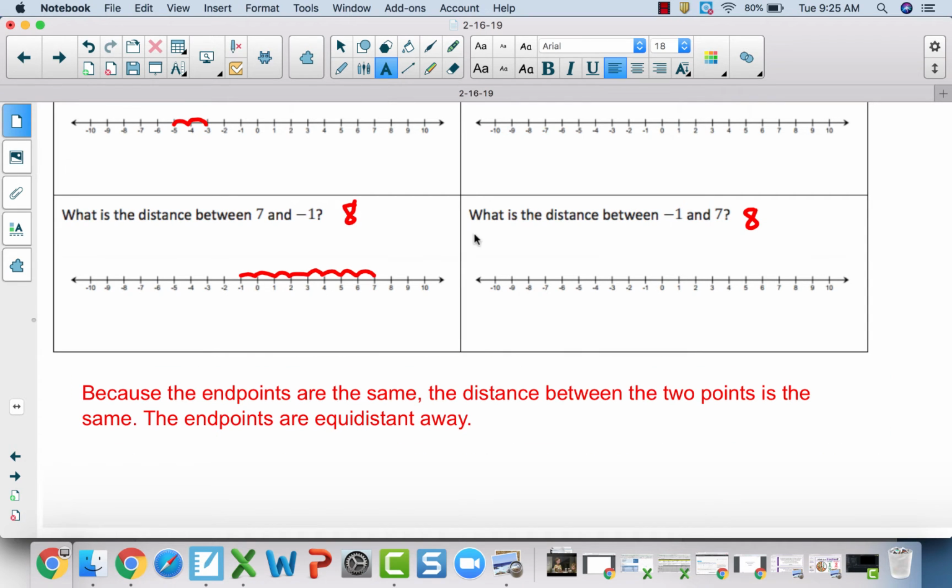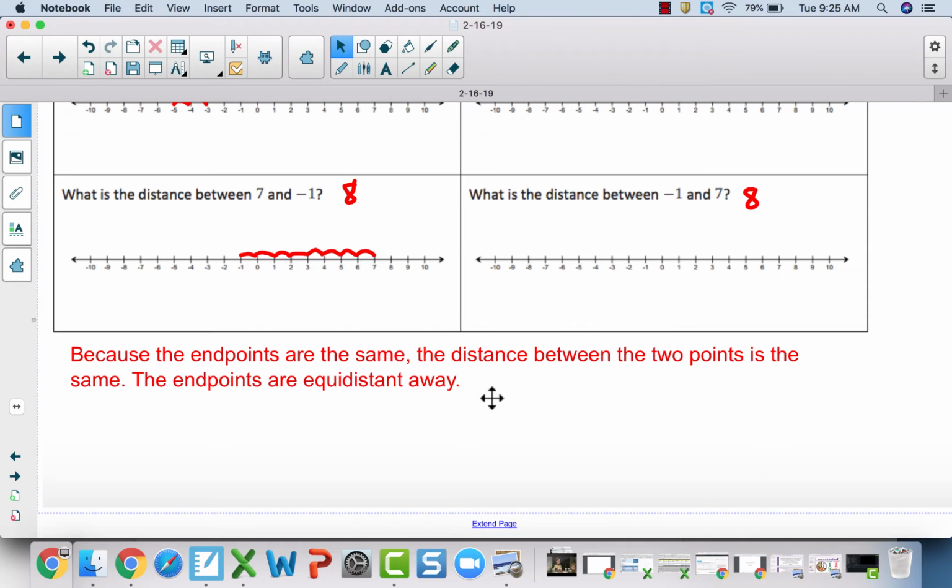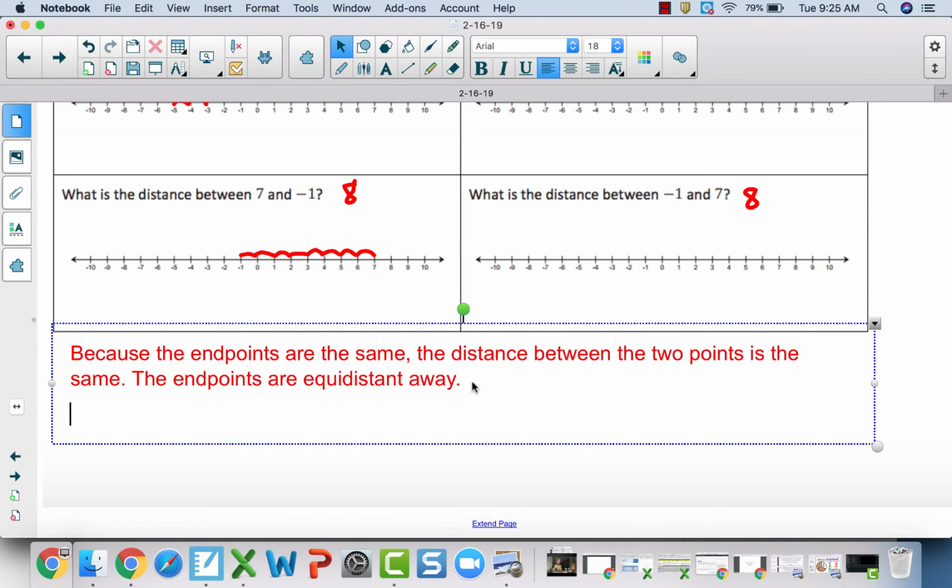Now, we are going to look at another way. Let's just do 7 and -1. So the distance between 7 and -1. Another way to find these, and sometimes the number line isn't the easiest approach, especially when our numbers get bigger, is to subtract and find the absolute distance.